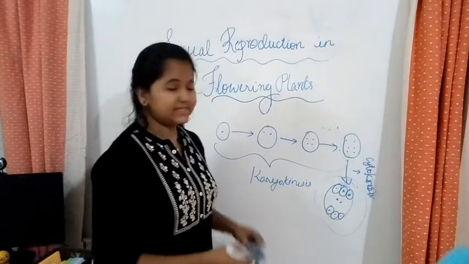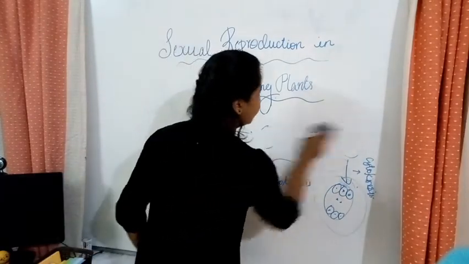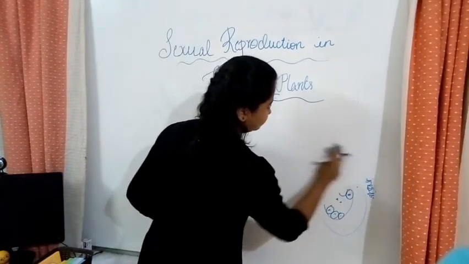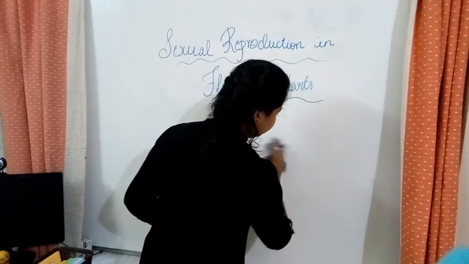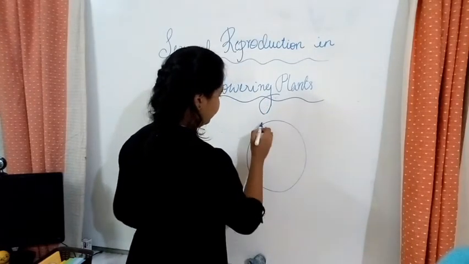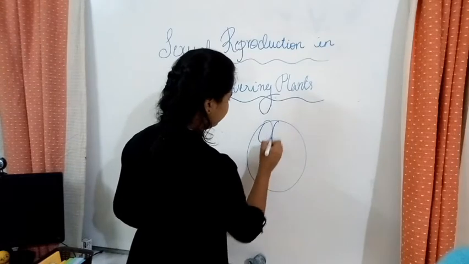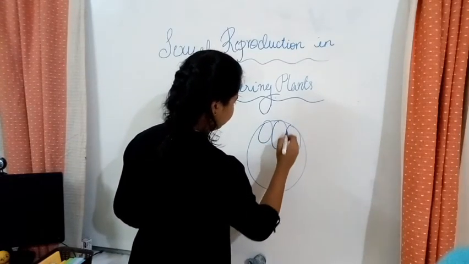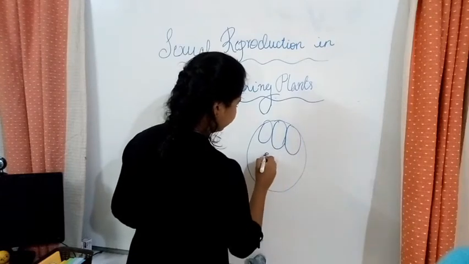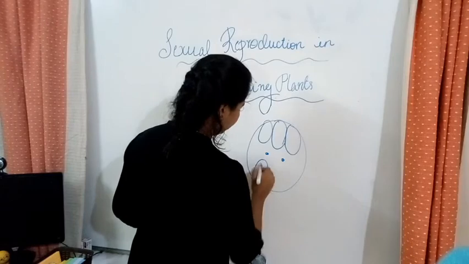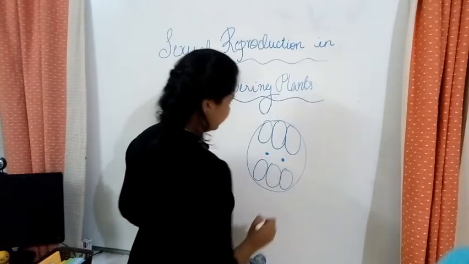Now let's see the structure of the female gametophyte. We drew 3 cells over here, there were 2 nuclei, and then again 3 cells on this side.